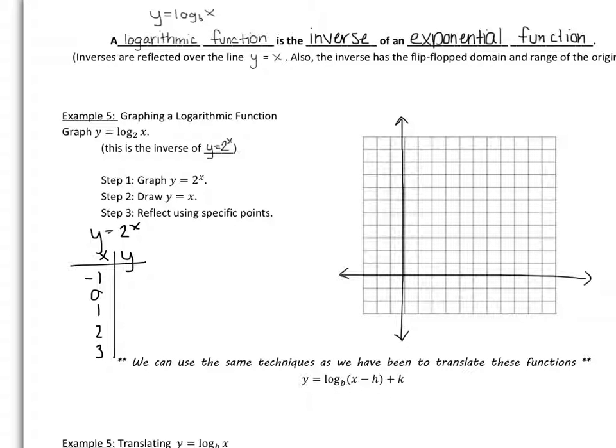So y equals 2 to the -1. That's the same thing as 1/2. 2 to the 0 is 1. 2 to the 1 is 2. 2 squared is 4. 2 cubed is 8. So there are your points for y equals 2 to the x. I did that in my head. You can do it on your calculator. You can do it by graphing and looking at the table. Any of that will work. So I'm going to graph it.